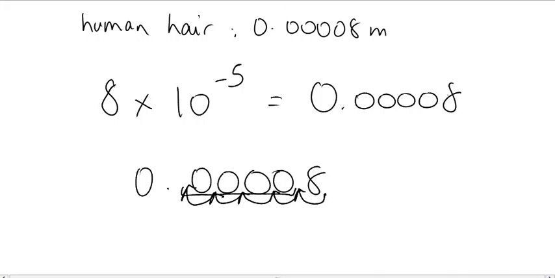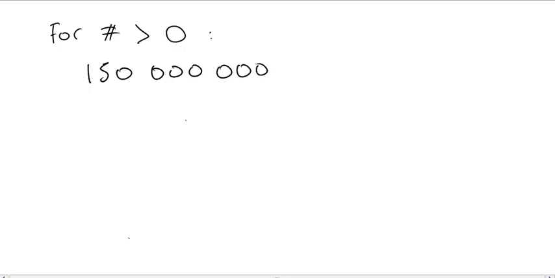So let's find a short and easy way we can do it without always having to do those arrows. For big numbers, so numbers that are greater than 1, such as 150 million, we take the first digits as the mantissa, so 1.5.